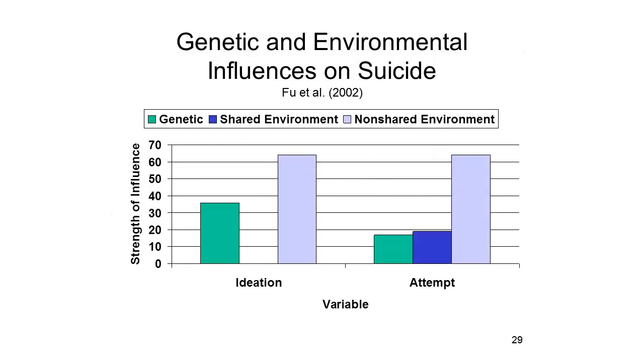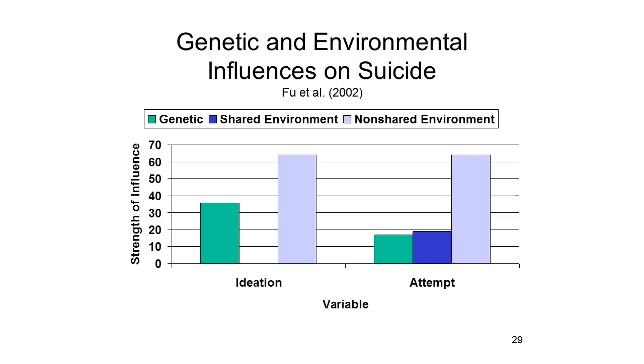Here are the results from another study, this time of suicidal behavior. The investigators measured both suicidal ideation, the extent to which people thought about committing suicide, and also suicide attempts, whether they actually tried to do so, including completed and uncompleted attempts. It turns out that there's a genetic influence on both suicidal ideation and suicidal attempt, though the genetic influence is stronger for ideation than it is for attempt.